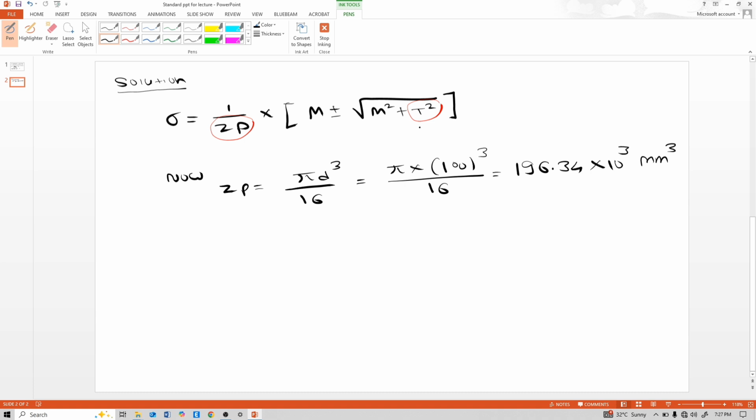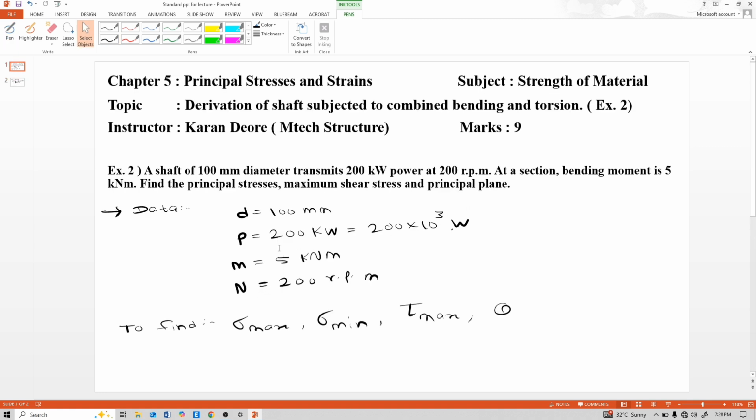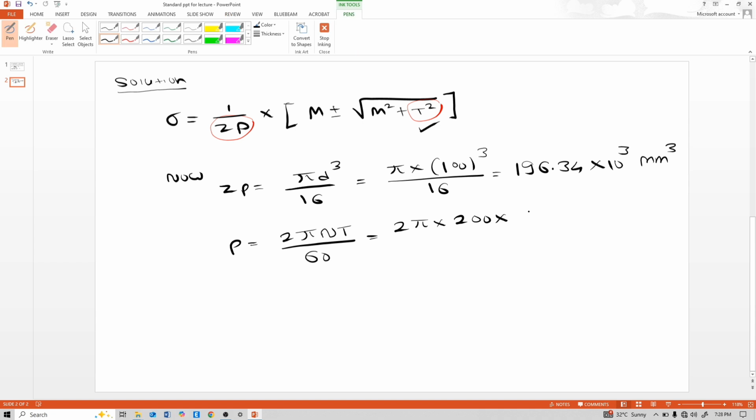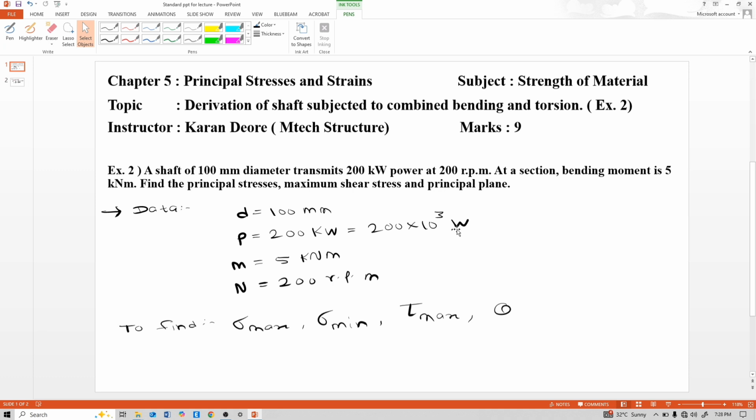And for calculation of this T, we know the power formula. Power formula is P equals 2 pi N T upon 60. This 2 as it is, pi as it is, number of revolutions is 200, T is our unknown, and 60. So this P is 200 into 10 raised to 3 watt.